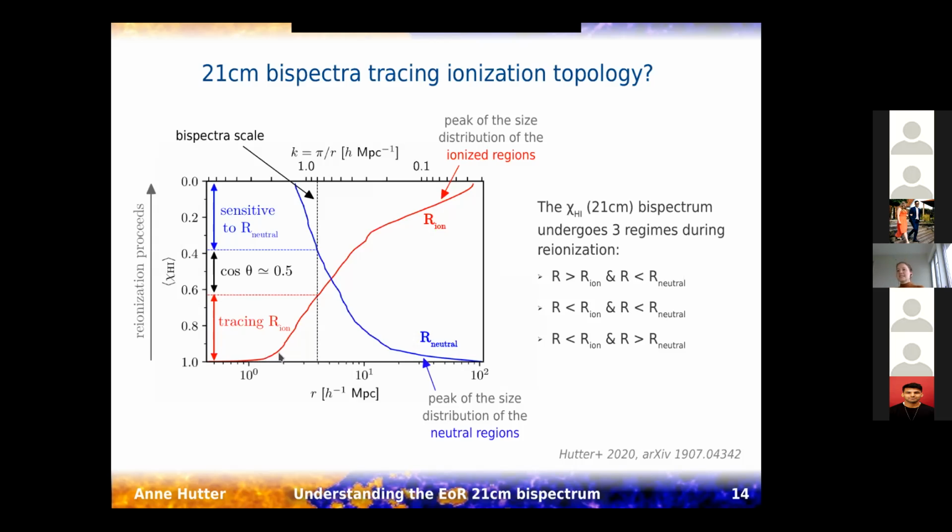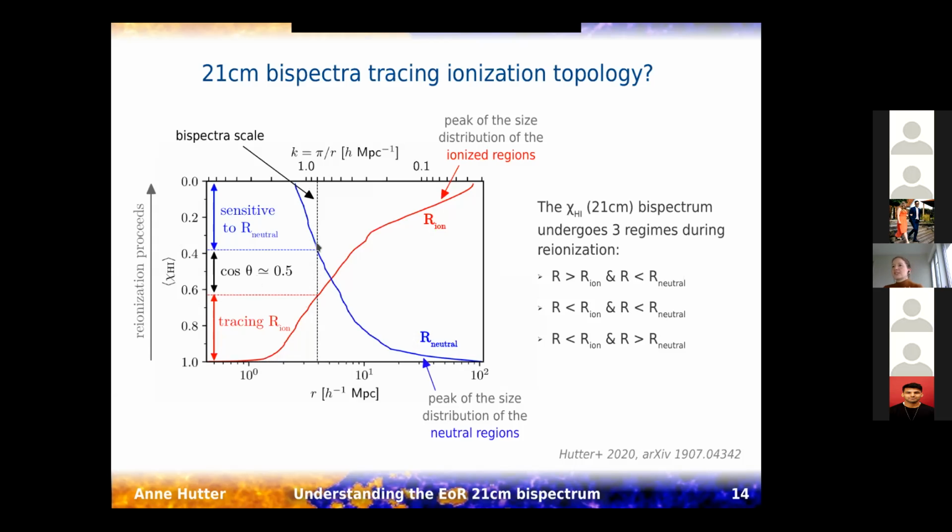And as long as this is the case, the sign change of the bispectrum traces the typical size of the ionized regions. Then at some stage, the typical size of the ionized and neutral regions will be larger than what you're tracing with the shape of the bispectrum. So it will be insensitive, and at a fixed triangle shape, you will basically have the sign change.